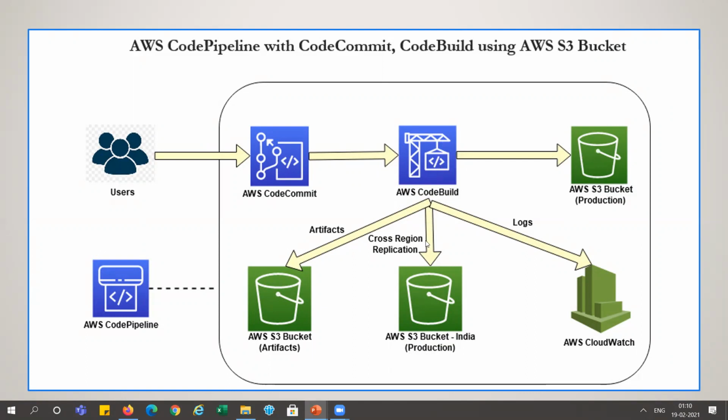At the same time, as the last step, we will do the same deployment with cross region replication to the S3 buckets in a different region. But AWS CodeBuild keeps all the log files in AWS CloudWatch, and it also keeps artifacts in an AWS S3 bucket. These are different S3 buckets, created by the pipeline.